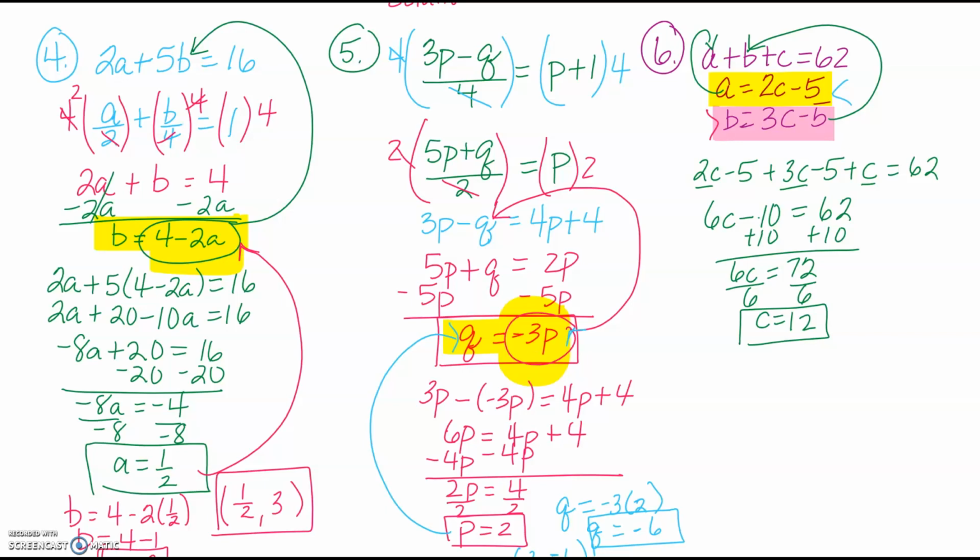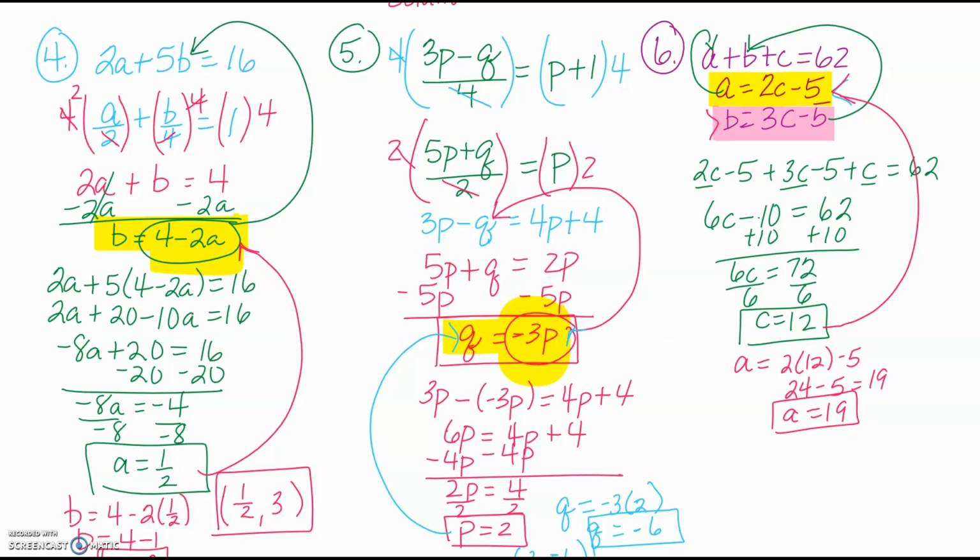I'm going to take c equals 12 and plug it in to get my a value. So I have a equals 2 times 12 minus 5, or 24 minus 5, which is 19. So a equals 19.